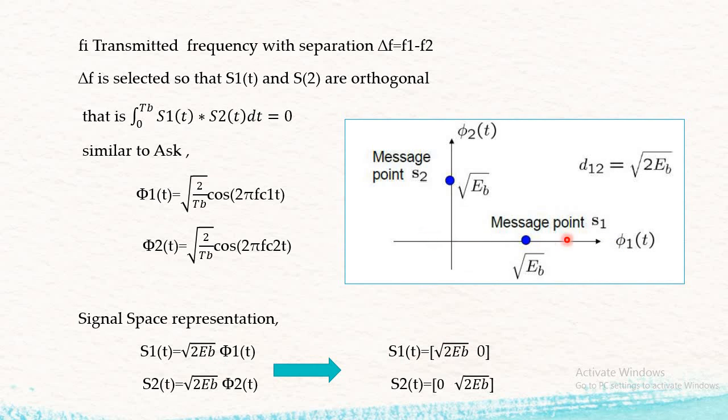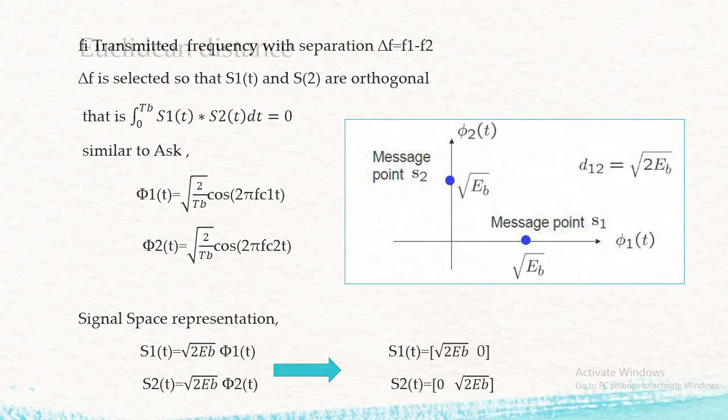So your S1(t) is present only in phi1(t), and the value of phi2 is 0. Therefore we have represented this value by this dot, that is root of Eb. And for S2(t), your phi1 value is 0 and your phi2 value is root of Eb, which is represented over here. It's like we are representing it on the x-axis and the y-axis. So this is the signal space representation of FSK.